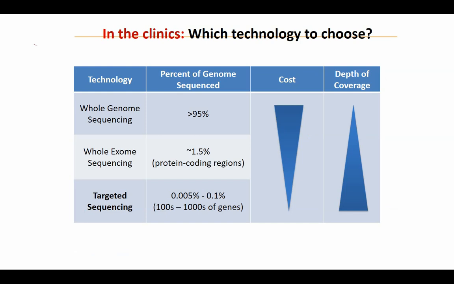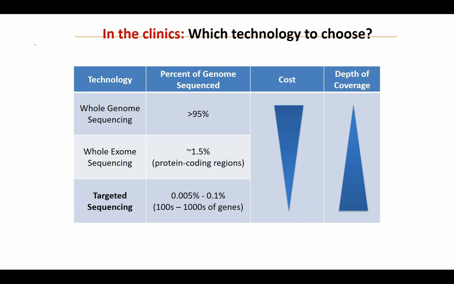In general, in the clinics, there are basically 3 lines of people that are using either the whole genome, in which you get most of the genome. It's very costly, and you cannot get a really deep depth. The alternative is the whole exome, that I'll talk about in a minute, which is covering only 1.5% of the genome, however, at a reasonable depth, so you're more reliable on what you see.